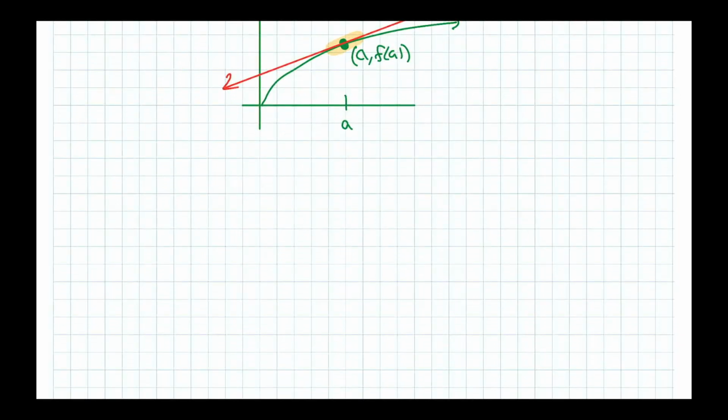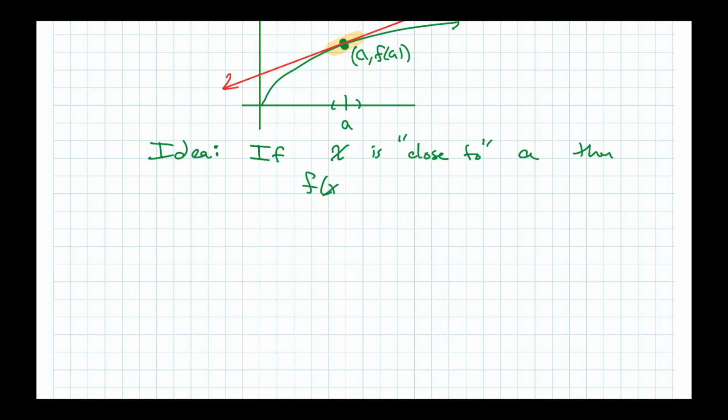So the idea was if x is close to a, whatever close to means, that's why I put it in quotes, right? If you're close to a, then f of x is approximately equal to its own tangent line, right?